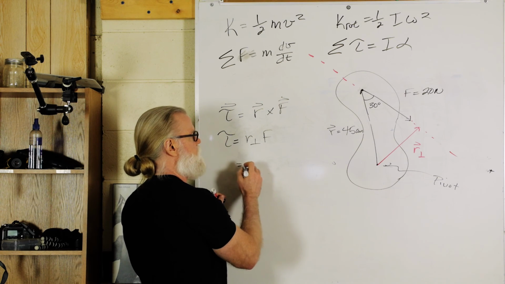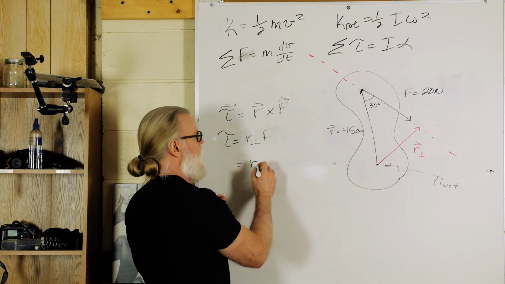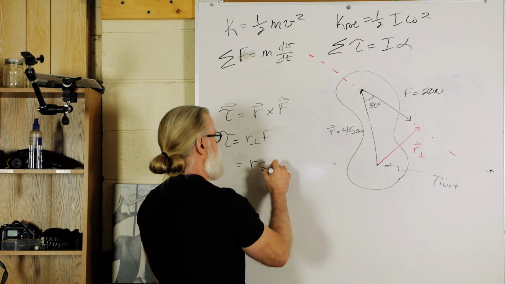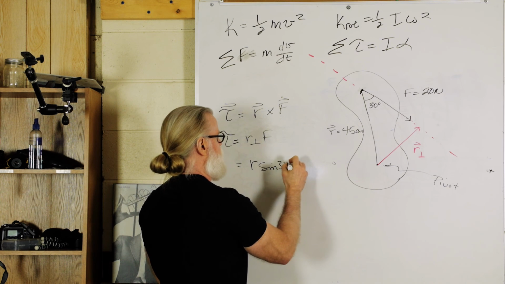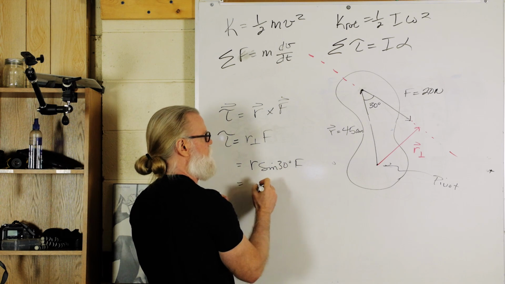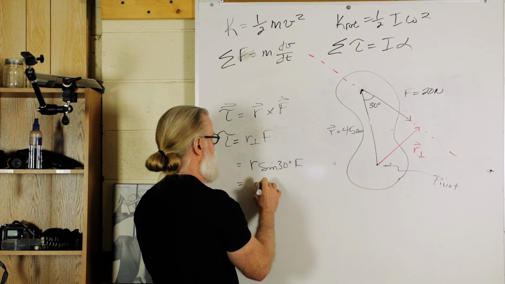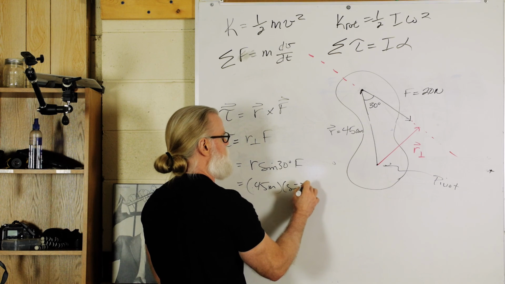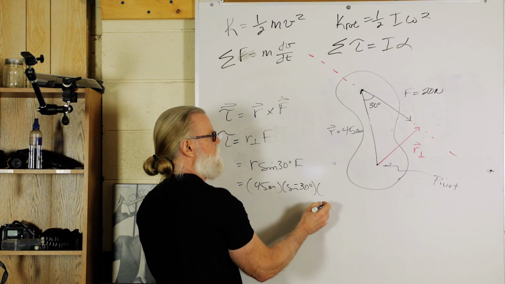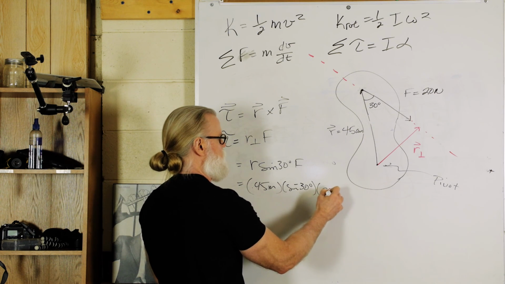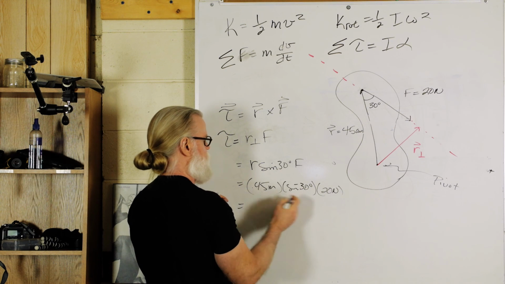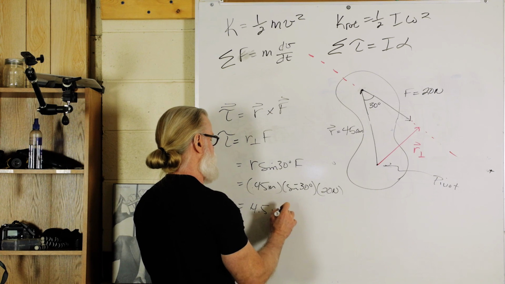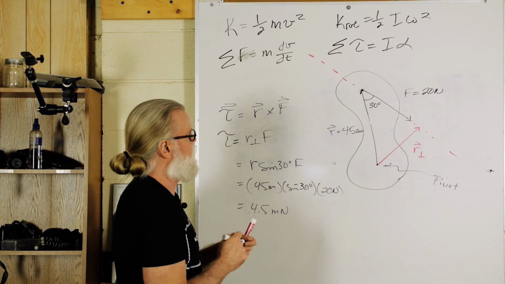So our perpendicular is going to be r, here's the opposite side, sine of 30 degrees, times F, which is 0.45 meters times the sine of 30 degrees times F, which is 20 newtons. So again, we got 4.5 meter newtons.